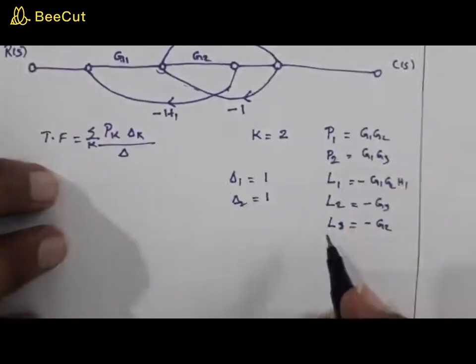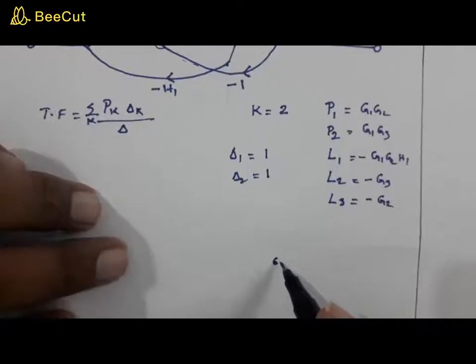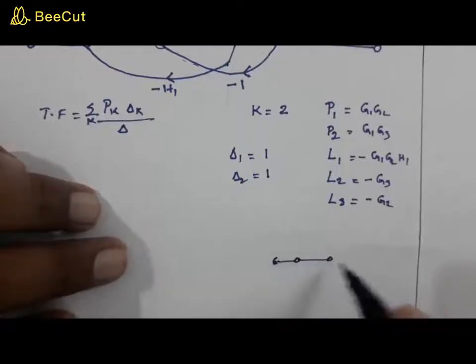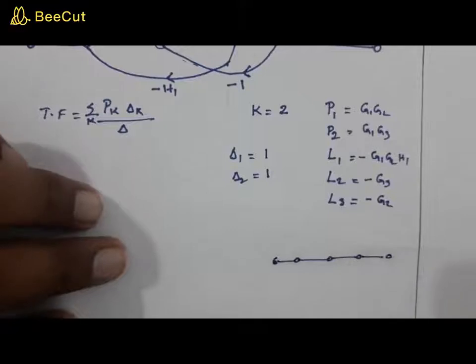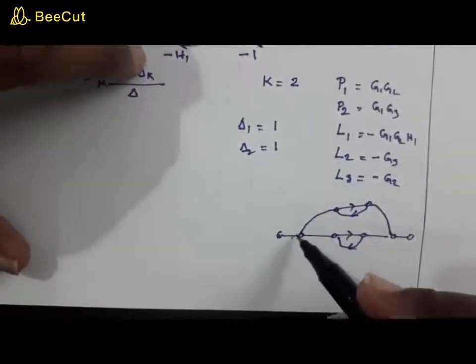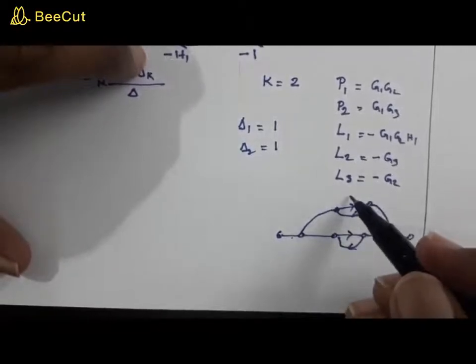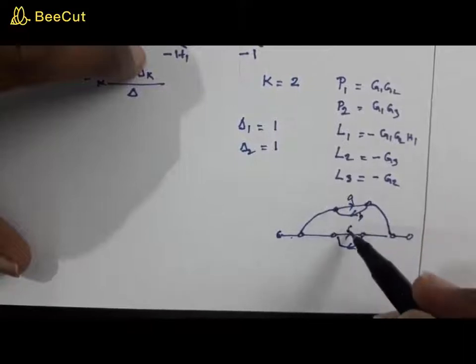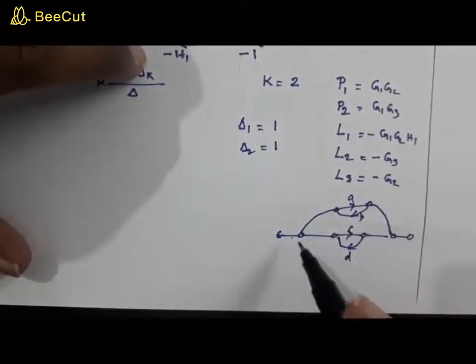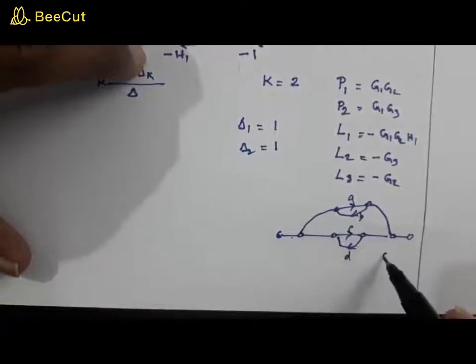Now I'll give you another illustration where you can have independent loops. Say, for example, you have a signal flow graph like this. Okay, now look at the scenario. This is actually a path. Call this A, B, C, and D. So this is one path, which you may call Z, and the loop is CD.